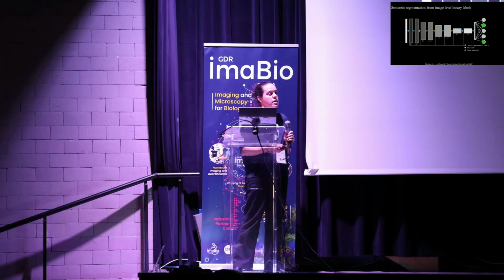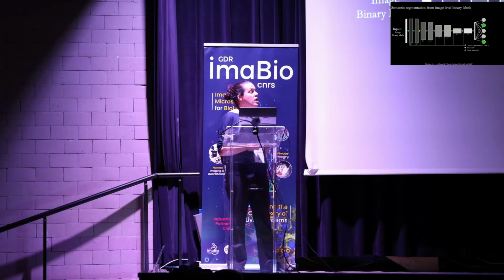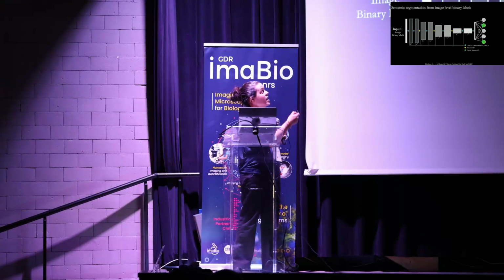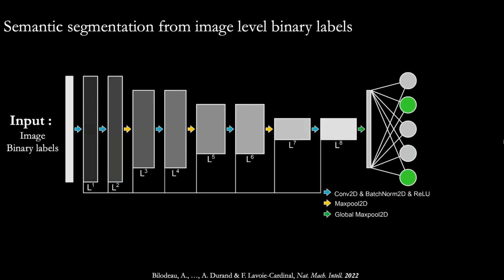So we used a very simple deep neural network, and what we wanted to have as an input is the image and the binary label. We pass the image through the network, and as an output, we want to have the classification, but classification of each pixel so that we can produce a segmentation map. So again, semantic segmentation, but this time using only binary labels.